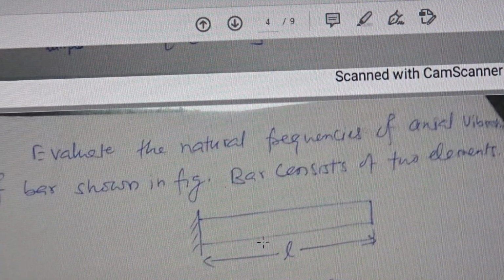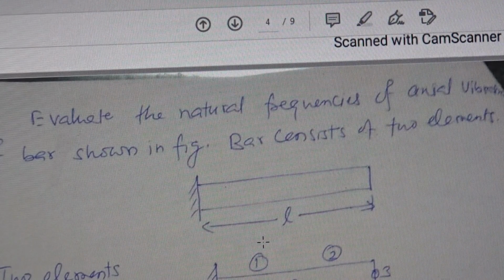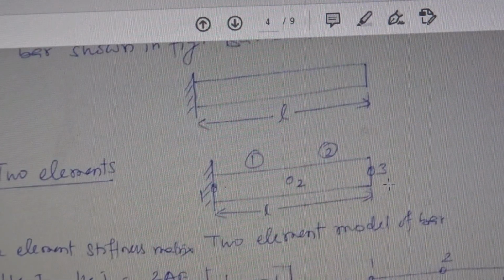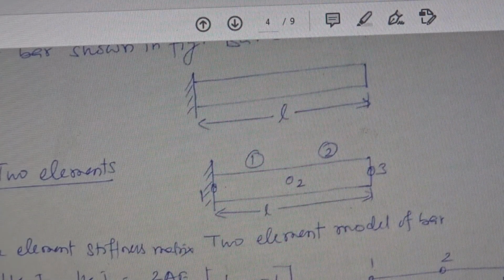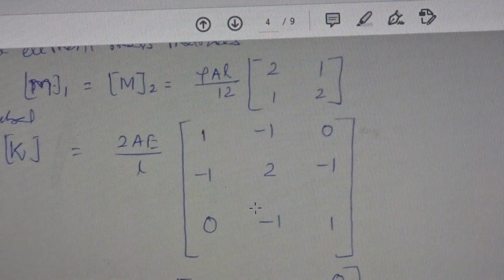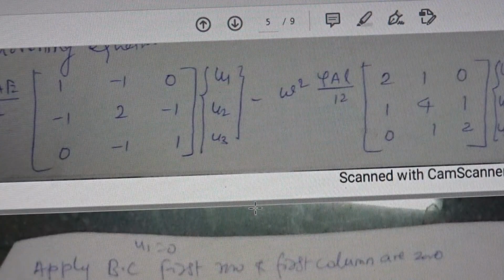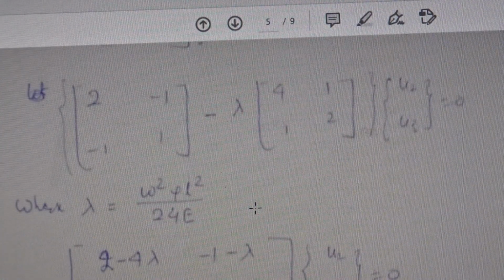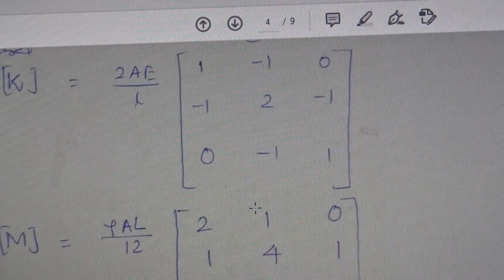So quickly there is one question given: evaluate the natural frequency of the bar. This is k for element 1 and element 2, total. This is the mass matrix, and I will explain in the next video how to solve it.